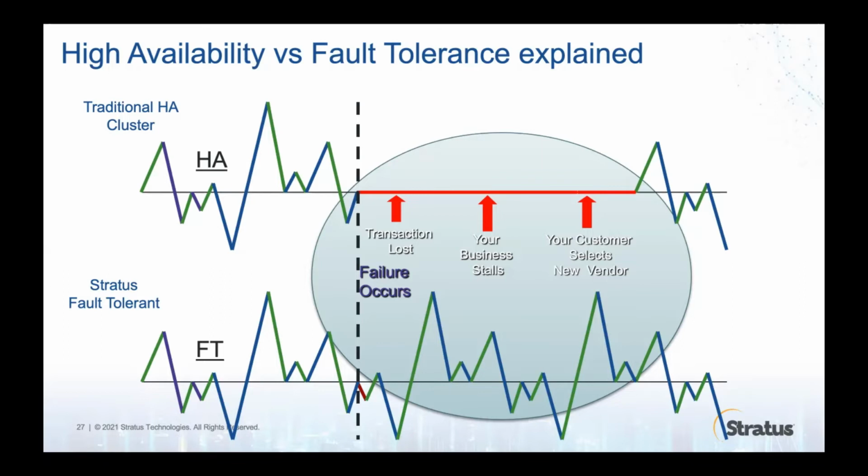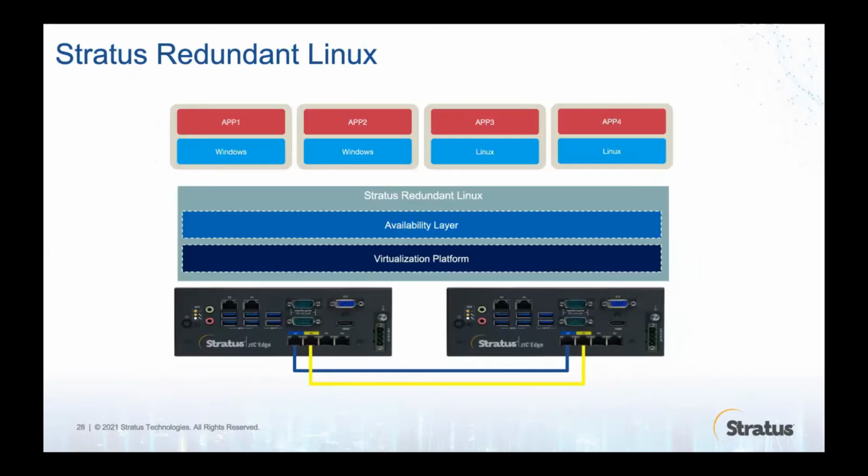So that is the highest form of availability that you will get. And that is available even on our ztC Edge system. It's stock standard on our FT server product, but you have a choice between HA or FT on our ztC Edge systems.